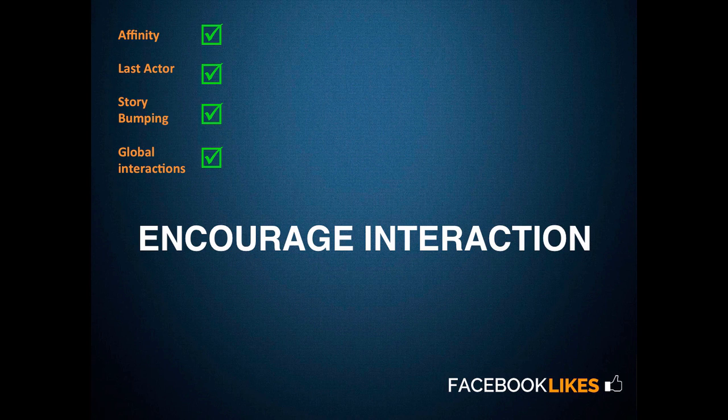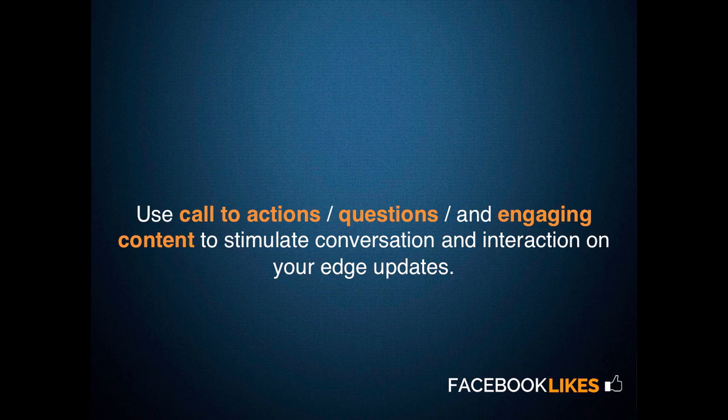Encouraging interaction is a really important strategy to employ, and I do it all the time, and it is very, very beneficial for increasing my exposure and increasing the engagement on every post. It'll optimize for your affinity, your last actor, your story bumping, and your global interactions.